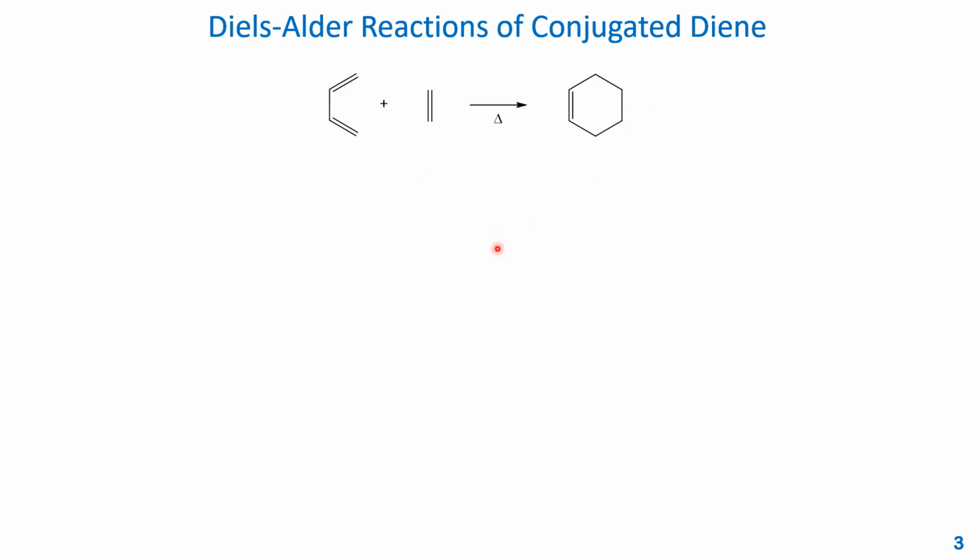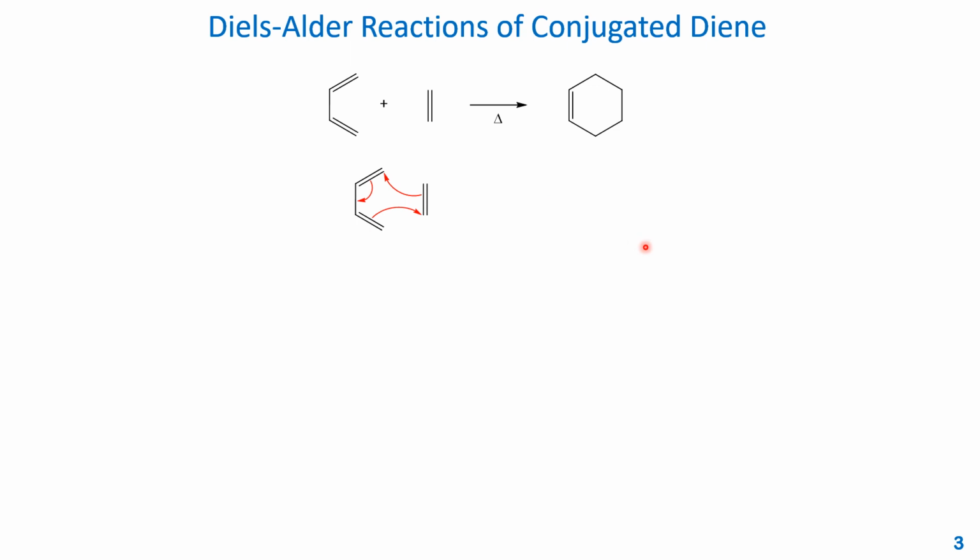Okay, now let's look at the mechanism. The mechanism is pretty simple, and the reaction is a concerted reaction. That means the product forms in one step. There's no intermediate, so the arrow pushing is just one step, 3 arrows. First, the pi electrons from here attack this dienophile, and then the pi electrons from the dienophile attack the other end of this diene, and then push the pi electrons to carbon 2 and 3.